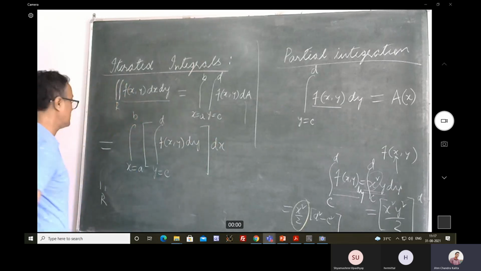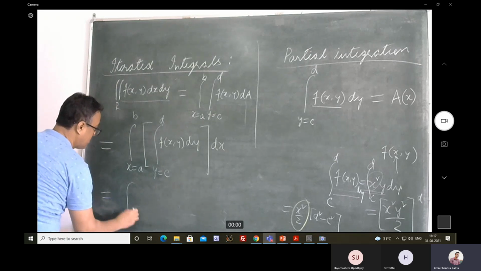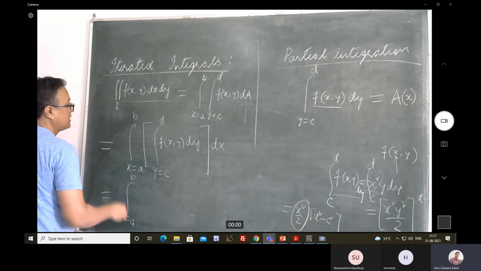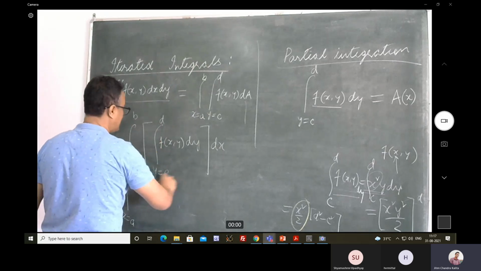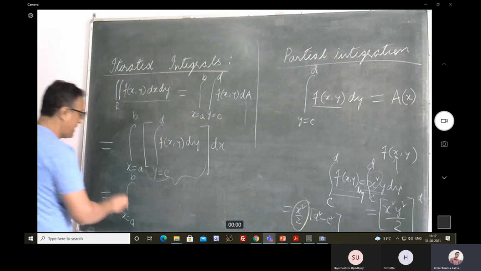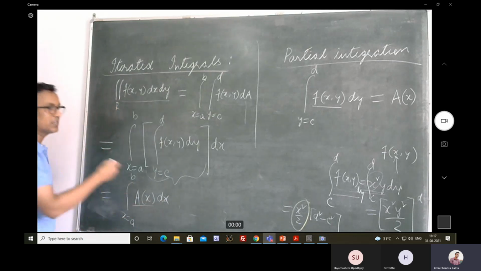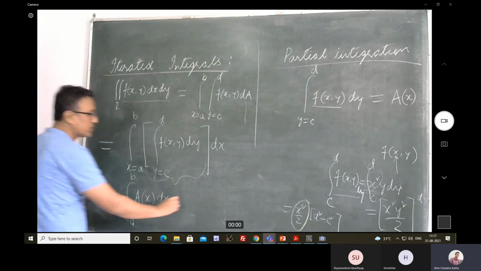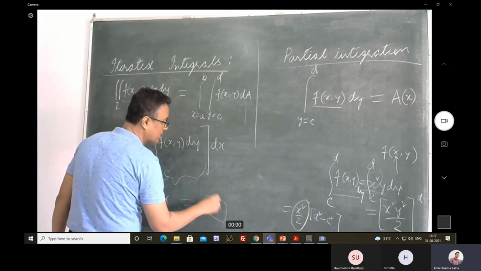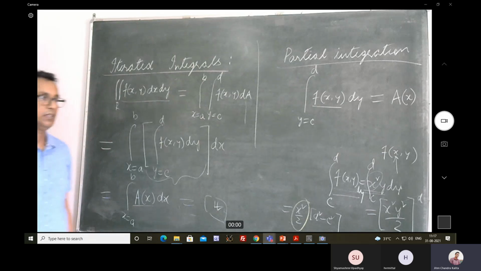I can write it like this. Now you have already seen that the expression within the bracket is simply some function of x, and this can be easily integrated, right? And eventually this is going to give you a number, which is nothing but the value of this definite integral.